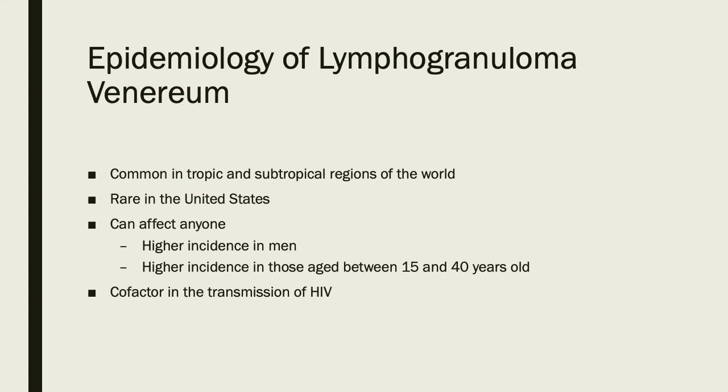It is endemic to men who have sex with other men. Men typically present with the acute form of the disease, whereas women often present when they develop complications from later stages of the disease. An association with lymphogranuloma venereum has been shown in the acquisition and transmission of HIV.